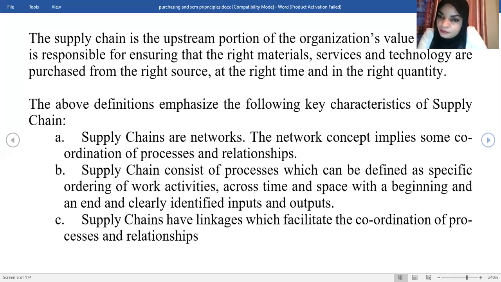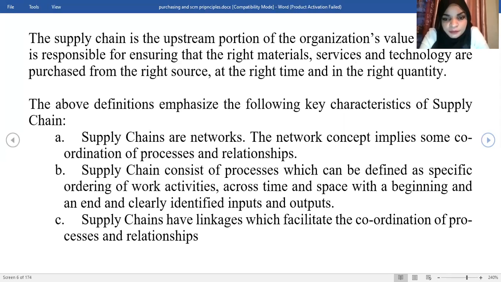Then we also have that supply chain consists of processes, which can be defined as specific ordering of work activities across time and space, with a beginning and an end and clearly identified inputs and outputs. So supply chain is a process. And when something is a process, it means we have the starting point and the end point. The starting point is where we have inputs, and these inputs are going to facilitate any supply chain management.